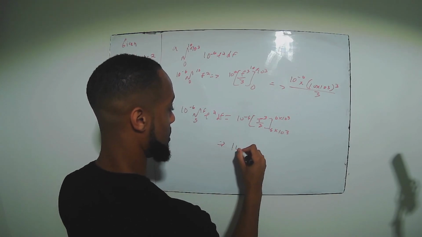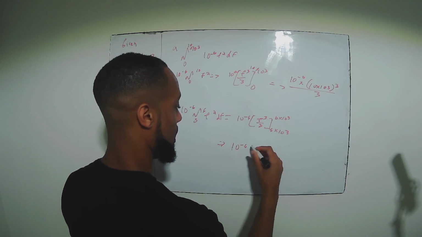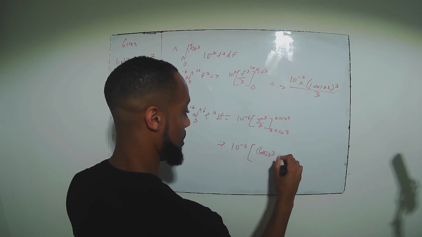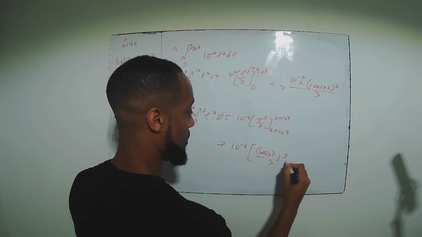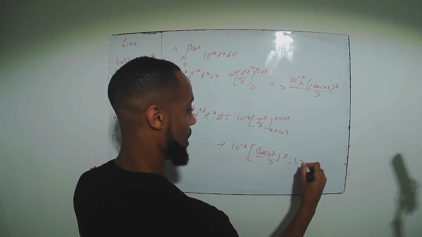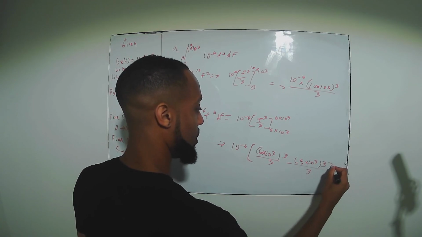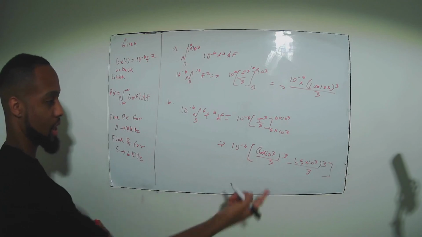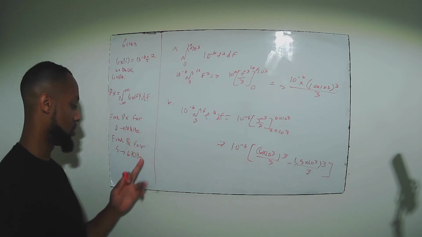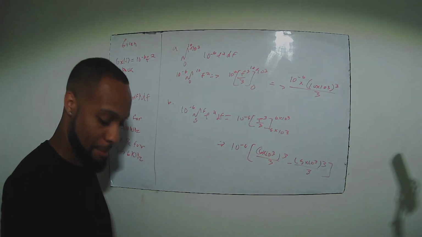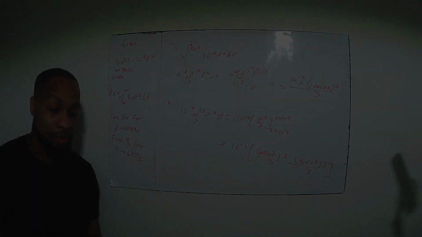You're going to end up with 10 to the minus 6 times 6 times 10 to the third, cubed, divided by 3, minus 5 times 10 to the third, cubed, divided by 3. You put this in a calculator and it'll give you your answer for the average normalized power for these two. So this question is pretty straightforward, pretty simple. That's going to be all today, guys. Hope you enjoyed.